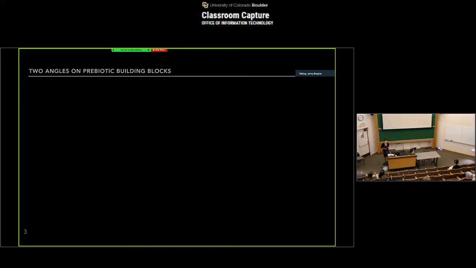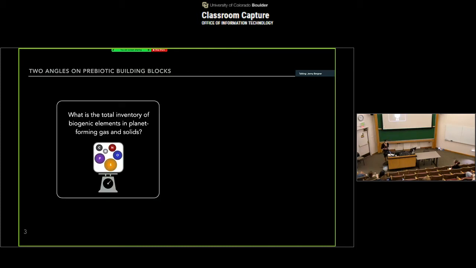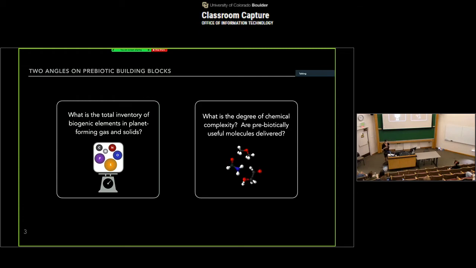So when I talk about prebiotic building blocks, there are two angles you can think of this. The first is to try to understand the total inventory of biogenic elements contained within the gas and solids of planet-forming material. So just, is there enough of these elemental building blocks for volatile organic chemistry to proceed? The second angle is to consider what the form of these elements is.